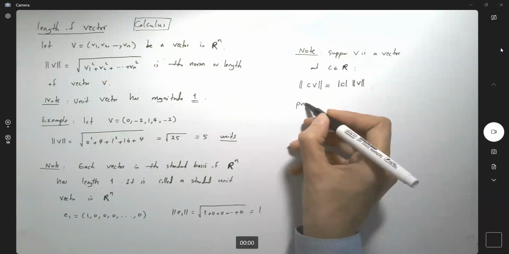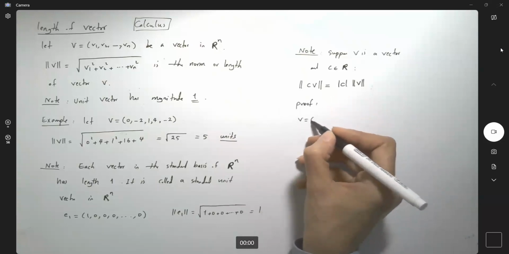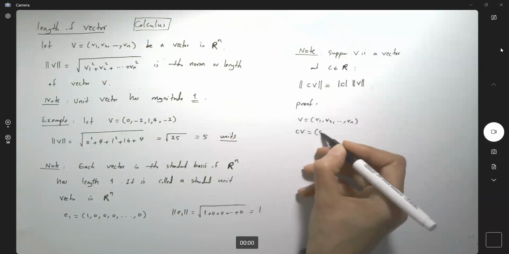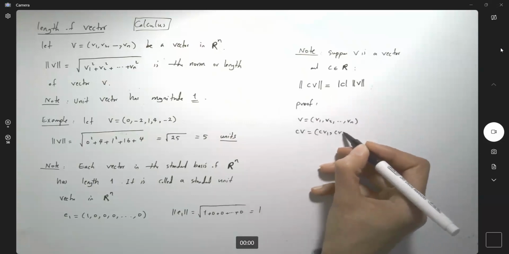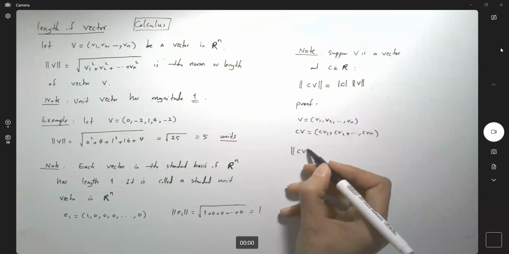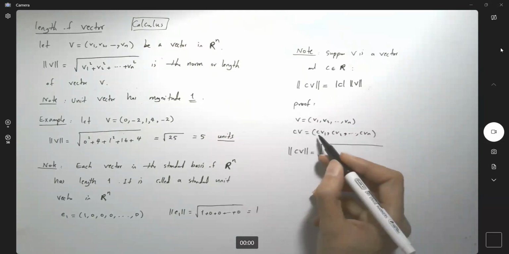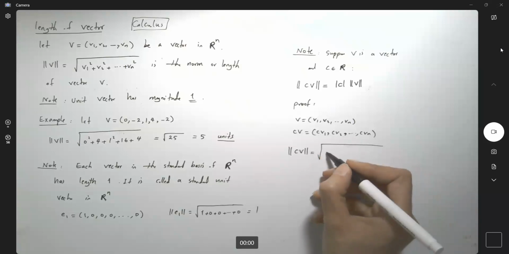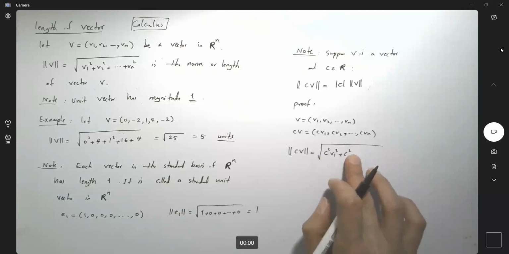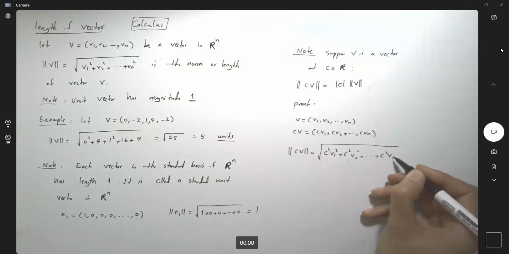So why is that? Let's take a look at the sketch of the proof. If V is defined as V1, V2, ..., Vn, CV is basically CV1, CV2, ..., CVn. If I ask you to find the norm or magnitude of CV, you have the square root of each of these elements to the second power: C squared V1 squared, C squared V2 squared, and so on, C squared Vn squared.